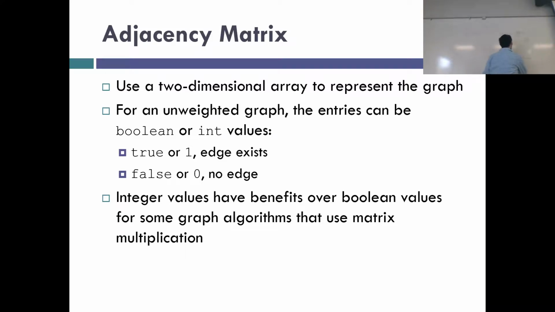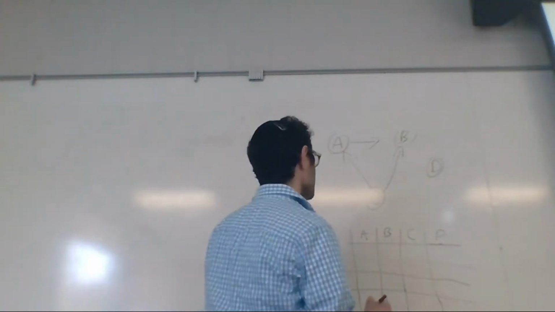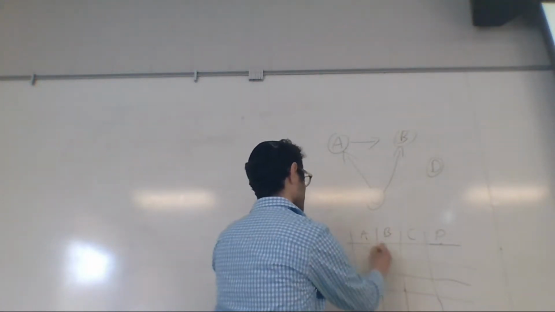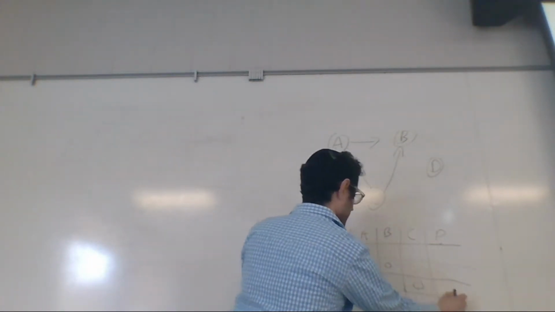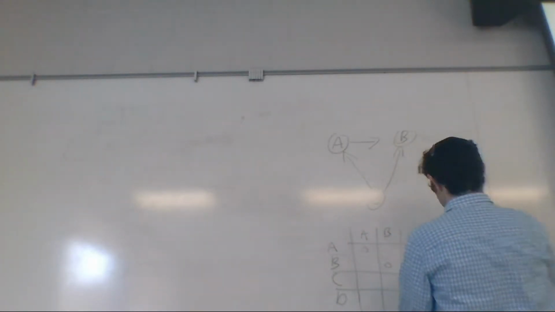We've got A, B, C, D, and we've got A, B, C, and D. I've got terrible drawing skills, but we'll have to make do. We have no self-directed edges. Well, actually, let's throw them in. An edge goes from D to D. That's perfectly valid.